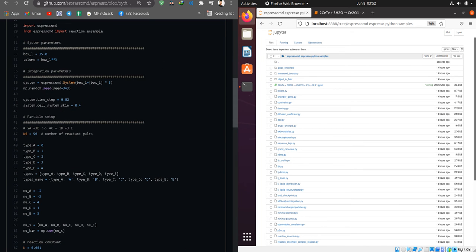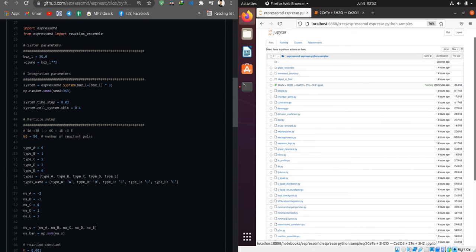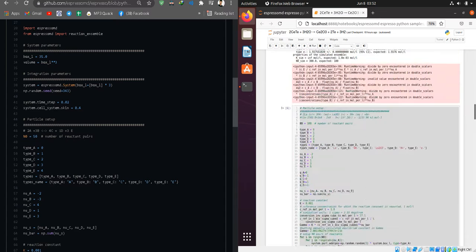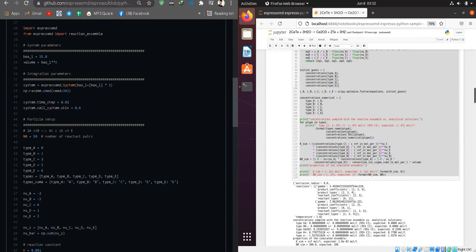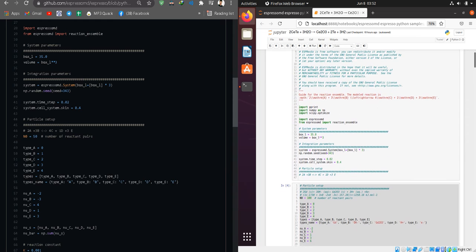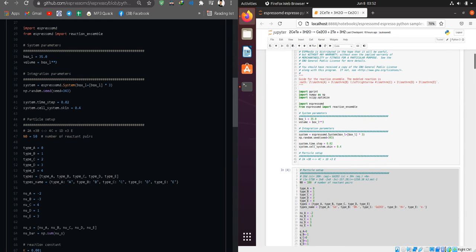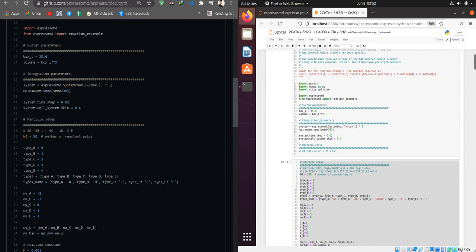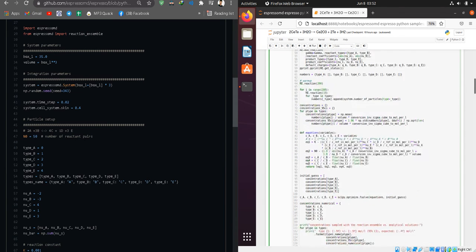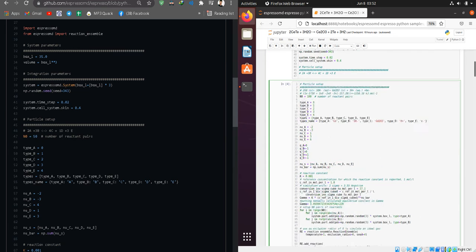So I created an interactive Python and copied this whole code. First I ran the system parameters like what is stated in the documentation. Then I took some parameters like the number of reactant pairs.